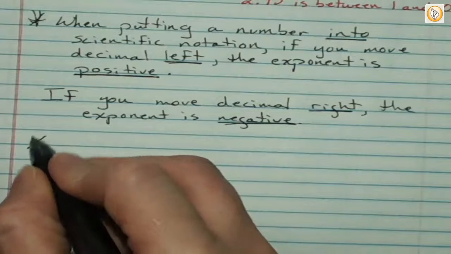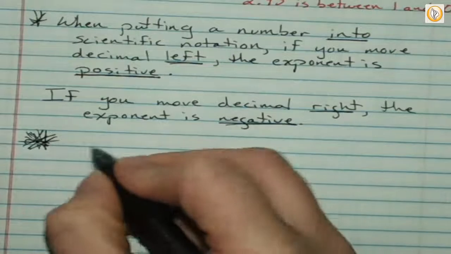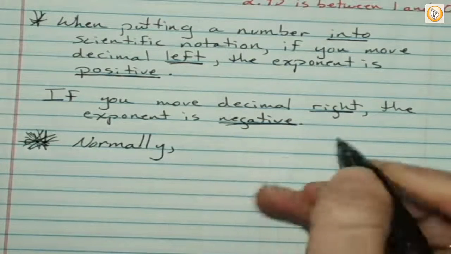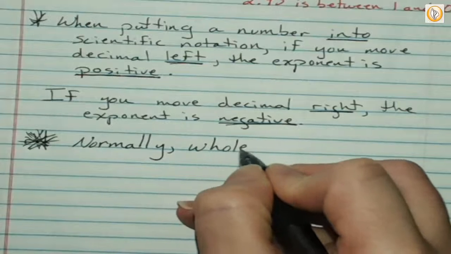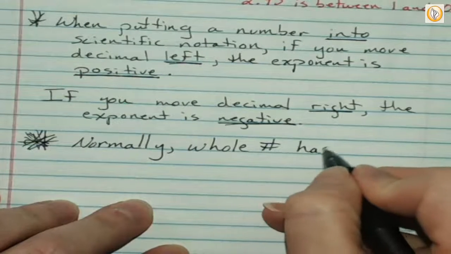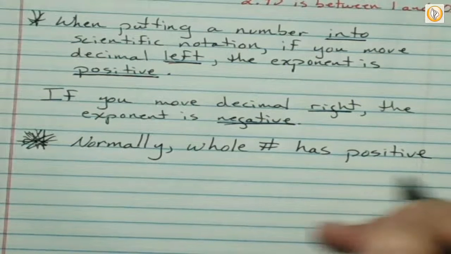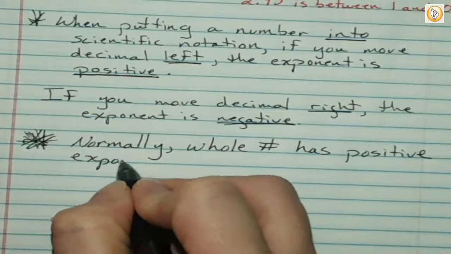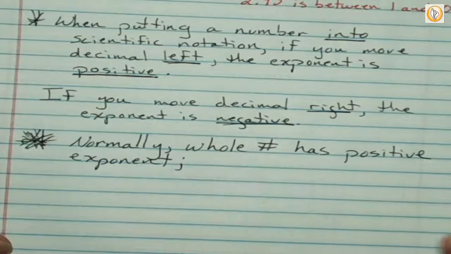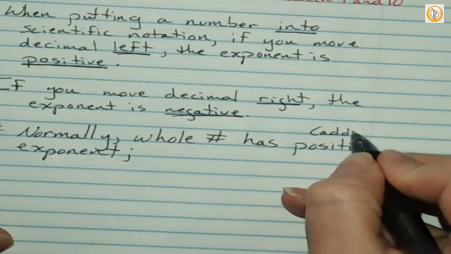All right, here's Mrs. Rogers. Big star. Normally, a whole number has a positive exponent when working with it, okay? Like adding.